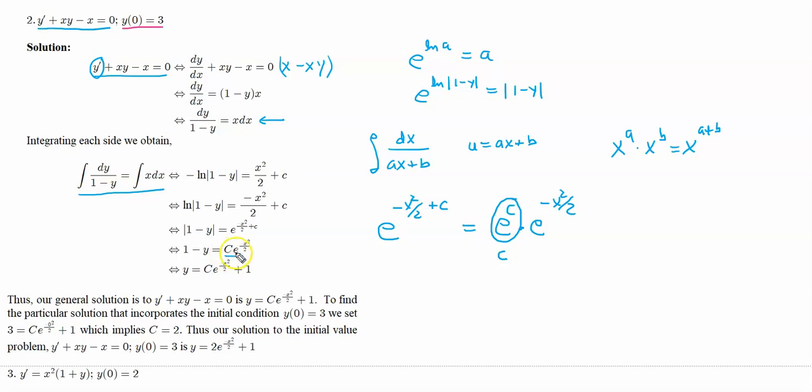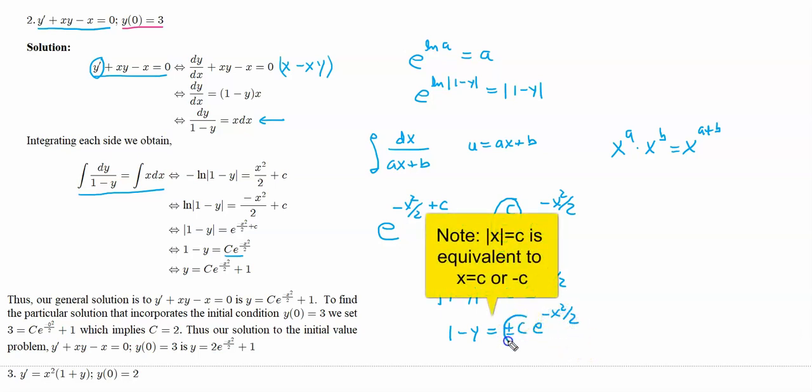So we have c e to the negative x squared over 2 on this side, and you'll notice that we got rid of the absolute values. That's because if we have the absolute value of 1 minus y equaling c e to the negative x squared over 2, we can write this as 1 minus y equals plus or minus c e to the negative x squared over 2.